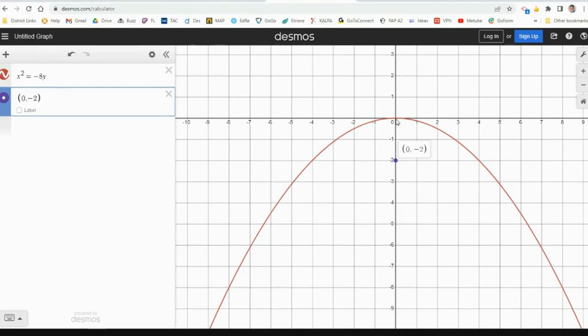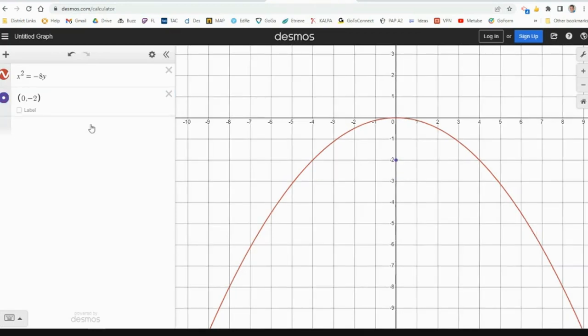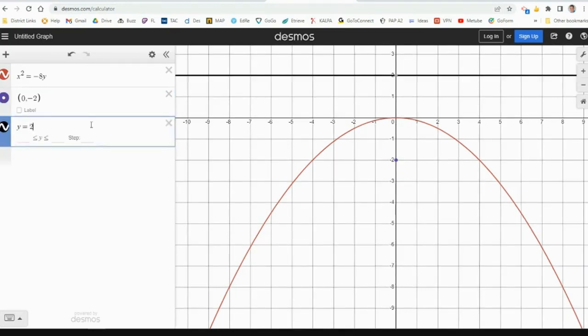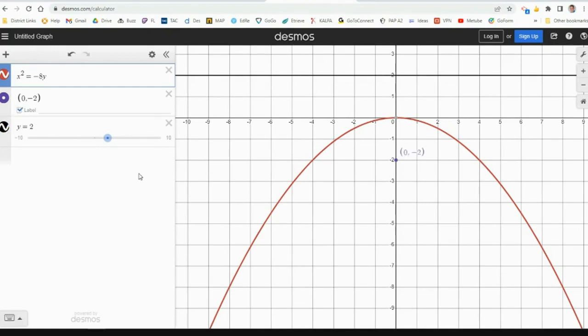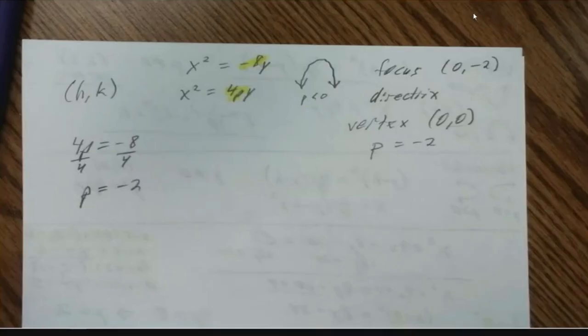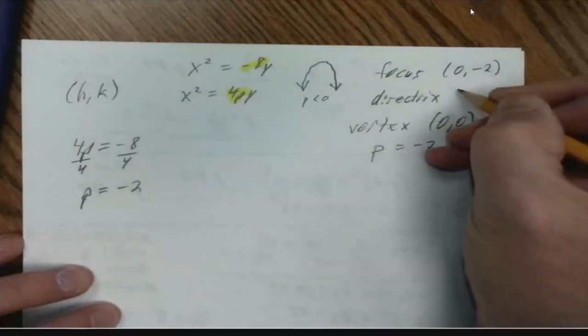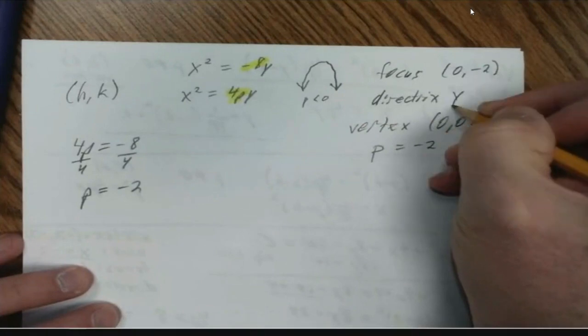And so the directrix has to be 2 higher than that. It has to be y equals 2. So our directrix has to be the same distance. Our vertex is exactly in the middle between those 2 points. So our directrix would be at y equals 2.